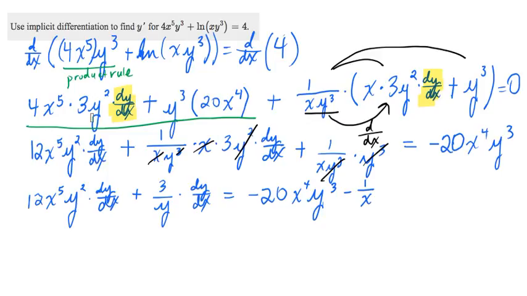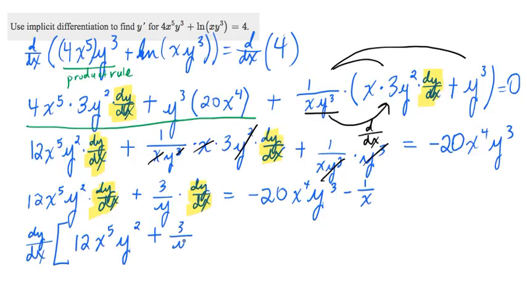Okay, now we have the two terms with dy/dx on one side and everything else on the other. So in order to get dy/dx all by itself, the trick is to factor it out from the left side. When we do, we're left with 12x to the fifth y squared plus 3 over y, equal to negative 20x to the fourth y cubed minus 1 over x.